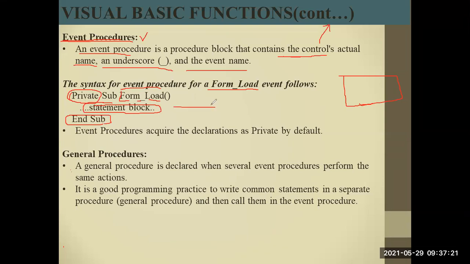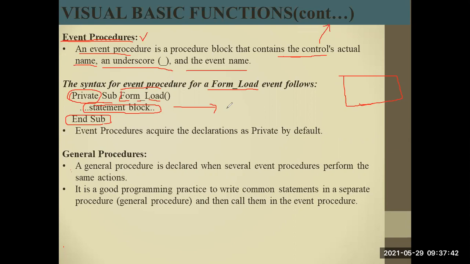So there is not much difference between your sub procedure and event procedure. The basic definition: sub procedures are general purpose or commonly used procedures, where the access specifier can be public or private. But event procedures are specifically designed for particular events.